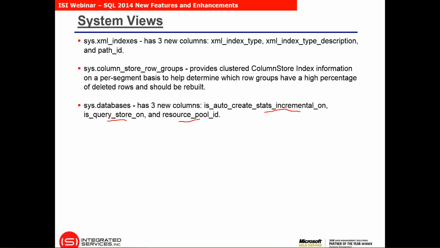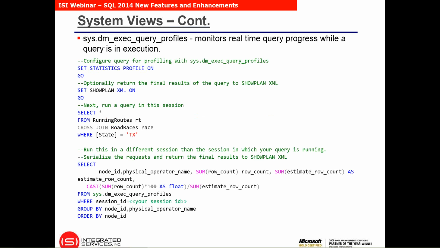One dynamic management view that I liked is the DM exec query profiles. It monitors your actual execution plan in real time. But you have to enable your capture by setting your statistics profile on. And here I went ahead and want to show my plan in XML. And then I want to run a query.